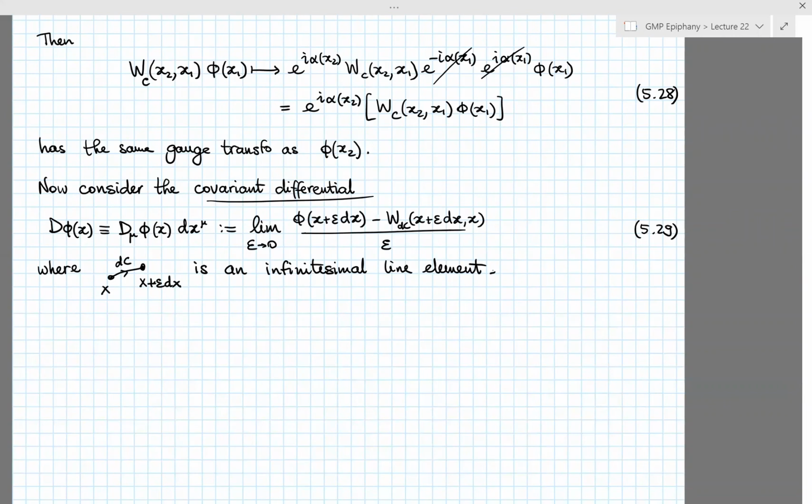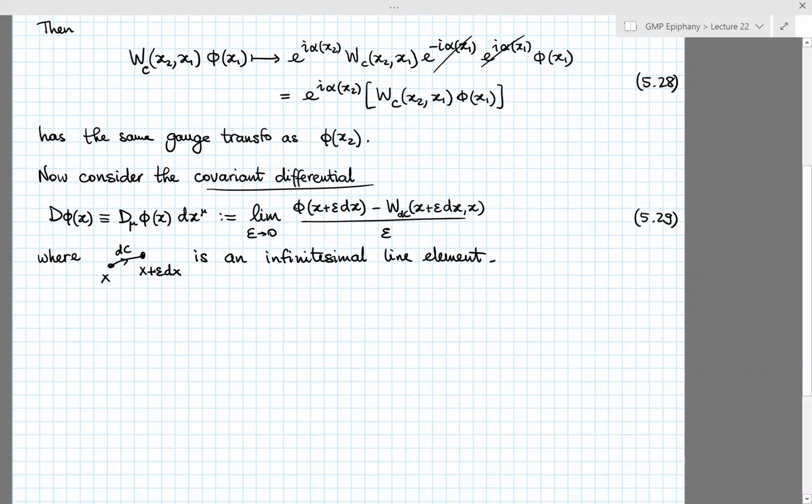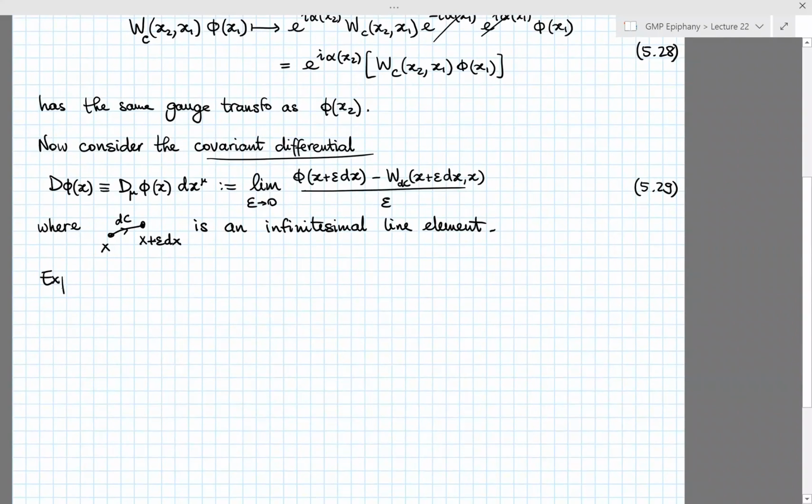Now we can Taylor expand everything in the numerator to first order. So we get that the Wilson line along the infinitesimal line element from x to x plus epsilon dx is given by exponential of i times the integral from x to x plus epsilon dx along the infinitesimal line element of A mu, say of x prime dx prime mu.